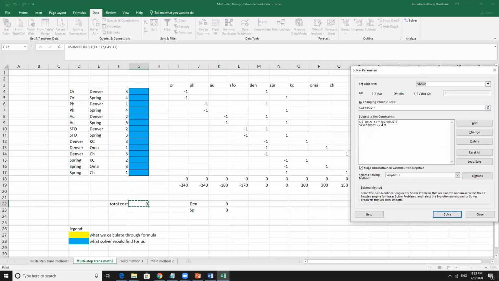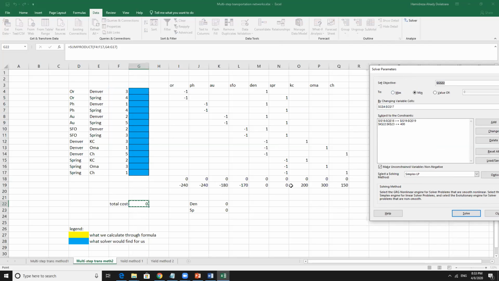If you look at the constraint, the first constraint is just saying that you should be more than your demand, which is positive, and you should be more than your supply, which is negative. More than a negative sign means the absolute value is smaller.